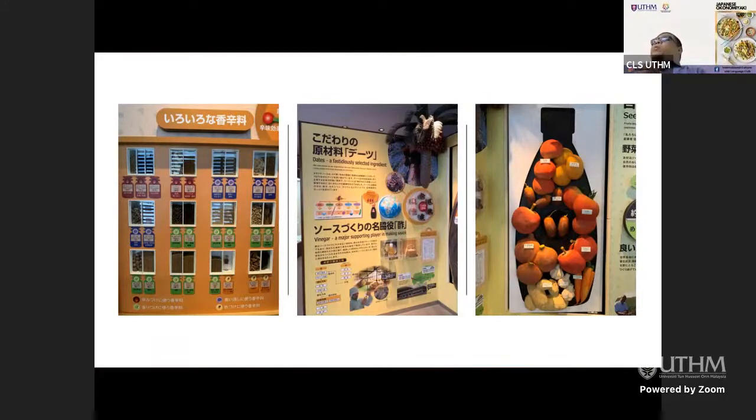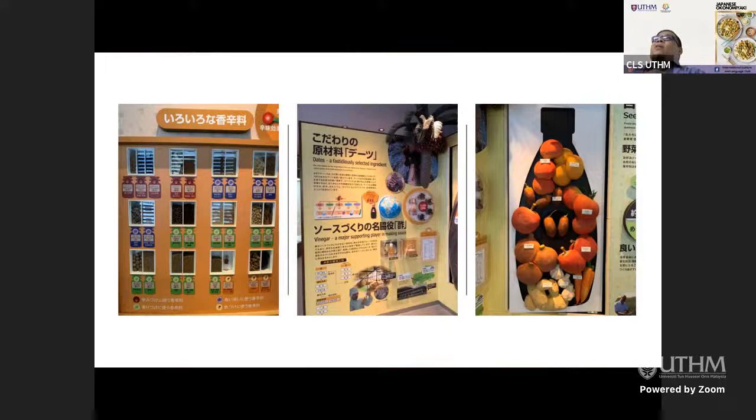Why? Because this sauce is made fresh. Even after they pack it into the bottle, the process is still going on, and after a while it can explode. So it could not be sold far away from Hiroshima, only in Hiroshima and the Seto area in Okayama.